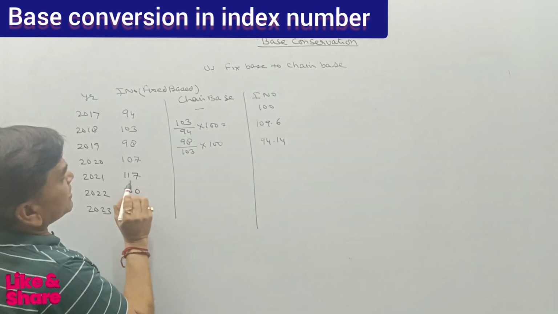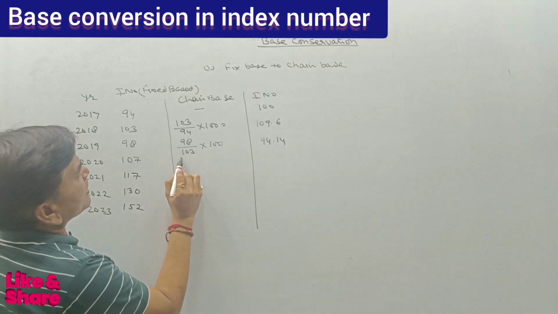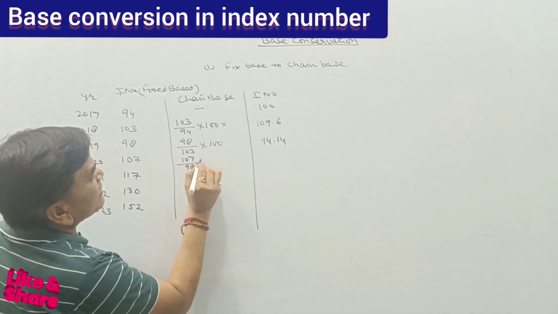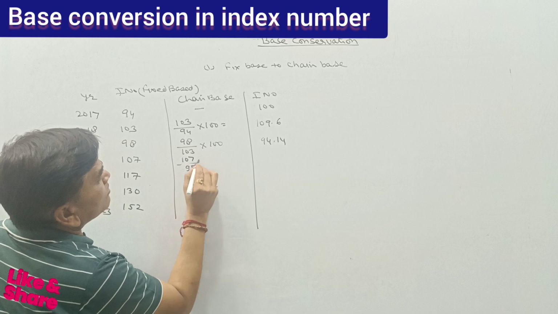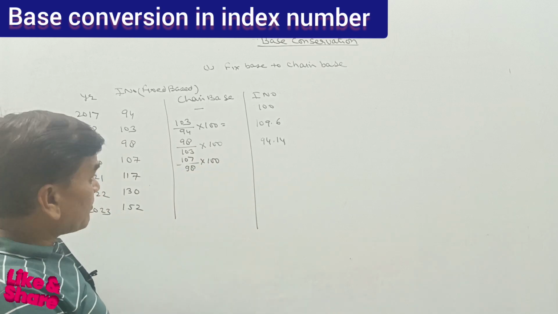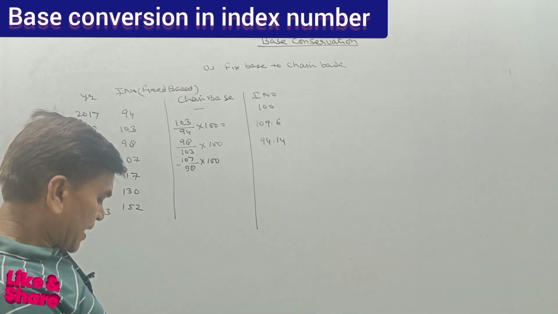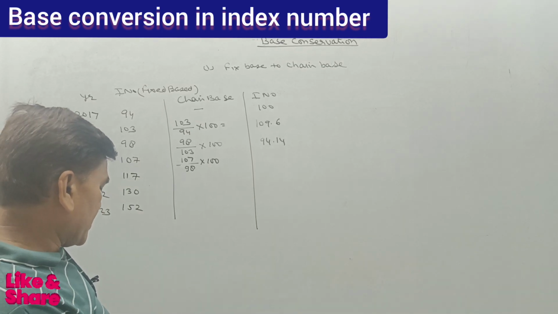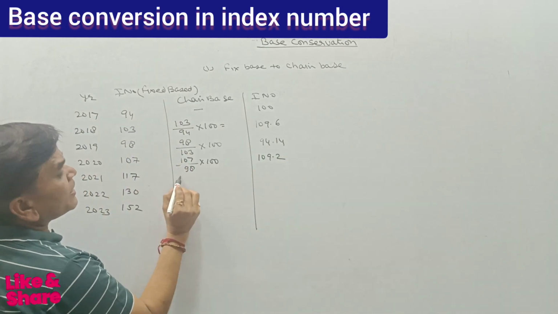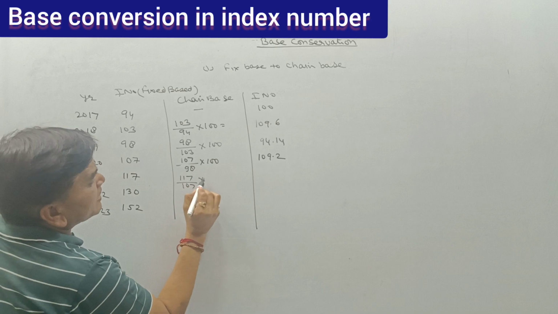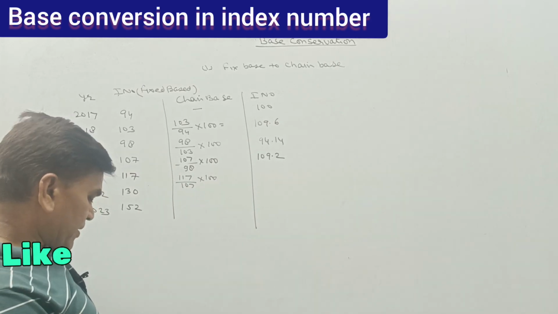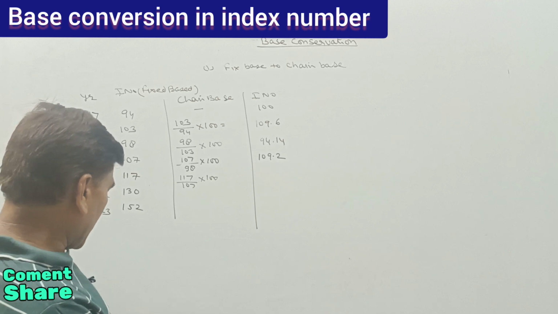Again, 107 divided by 98 multiplied by 100 is 109.2. Then 117 divided by 107 multiplied by 100 is 109.34.